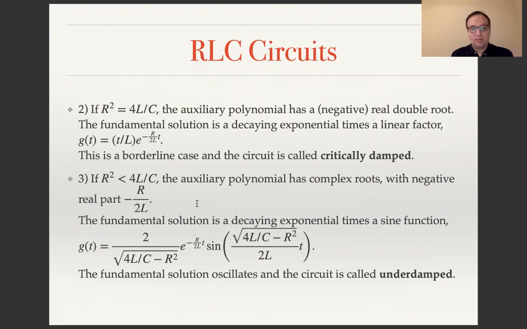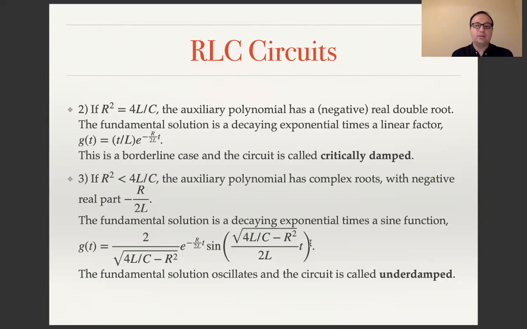So the auxiliary polynomial will have complex roots with negative real part, minus R over 2L. So the fundamental solution is a decaying exponential times a sine function. Well, it's this rather complicated expression.